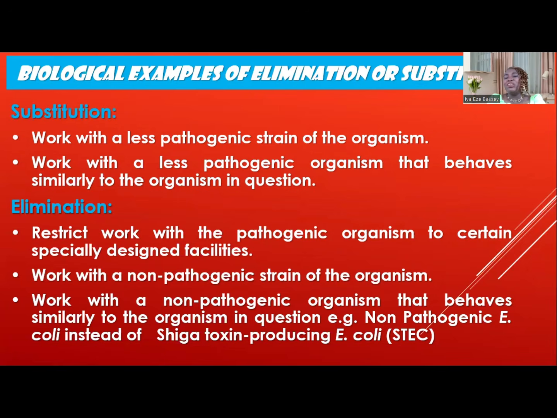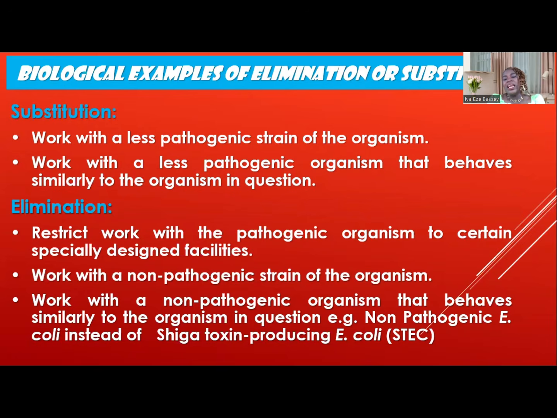Elimination means that you restrict the work with that pathogenic organism to certain specially designed facilities, not everywhere. But also you could choose not to even work with that strain of organism. You choose a non-pathogenic strain that doesn't have those pathogenic characteristics, but has similarities with the pathogenic one.